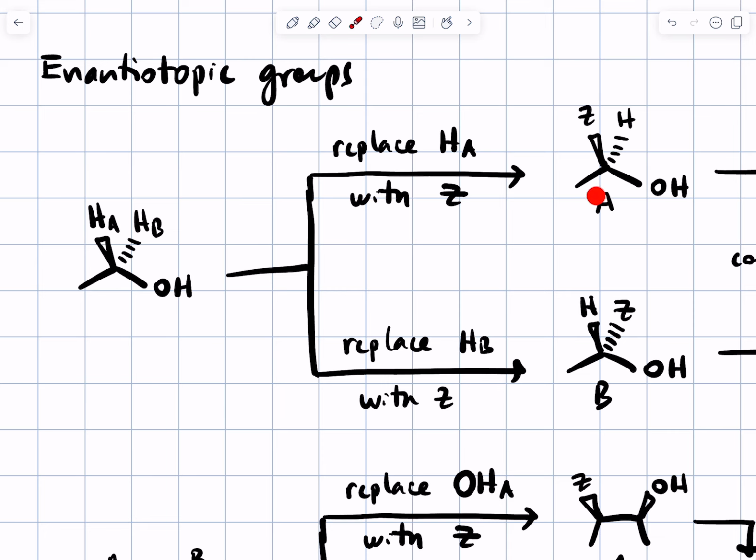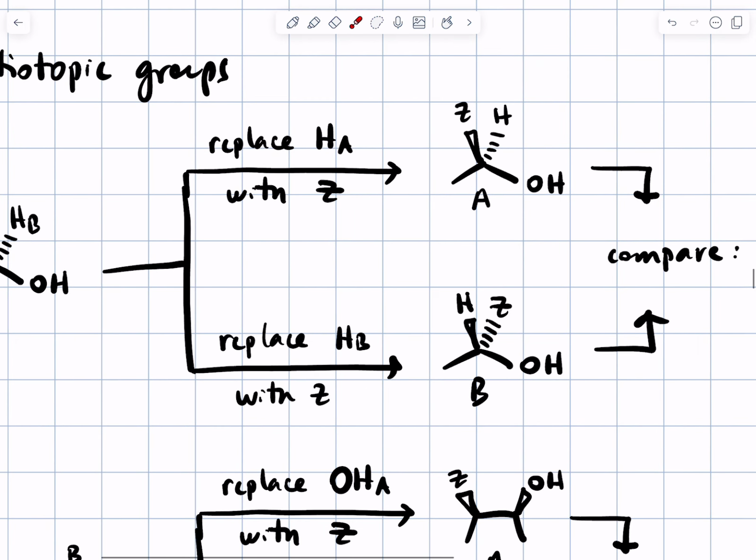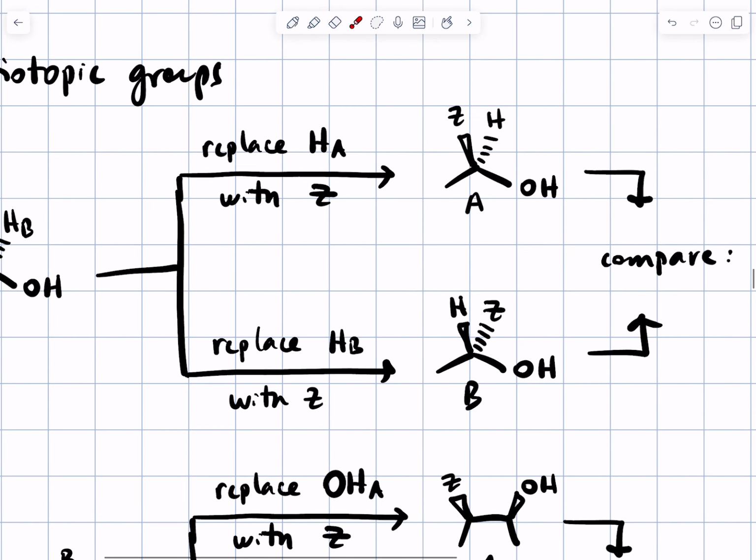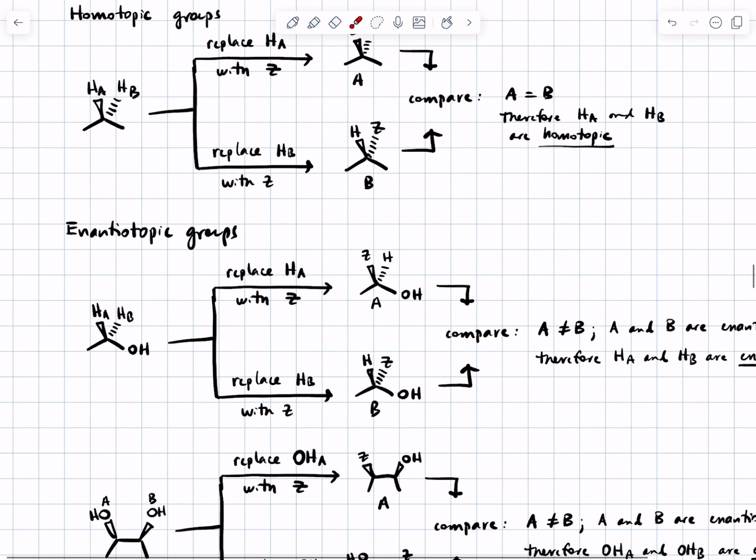We get molecule A. If we replace HB with the Z group, we get molecule B. Now compare A and B, these pretend molecules we've done through this thought experiment. What's the relationship between those two? Enantiomers. Therefore, if the thought experiment gives you enantiomers, the two protons you replaced are enantiotopic. Okay? And they are the same except in a chiral environment.